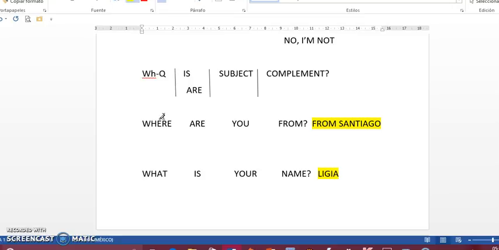here, who are you? For example, here, who, remember the structure, who, subject, the verb to be, who are, and the subject, who are you?